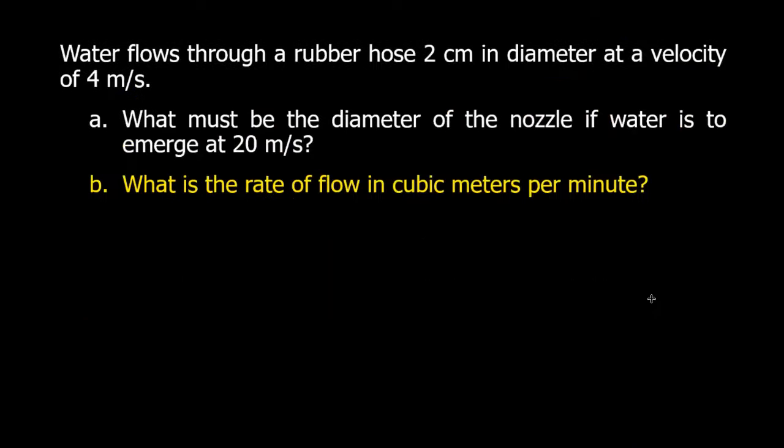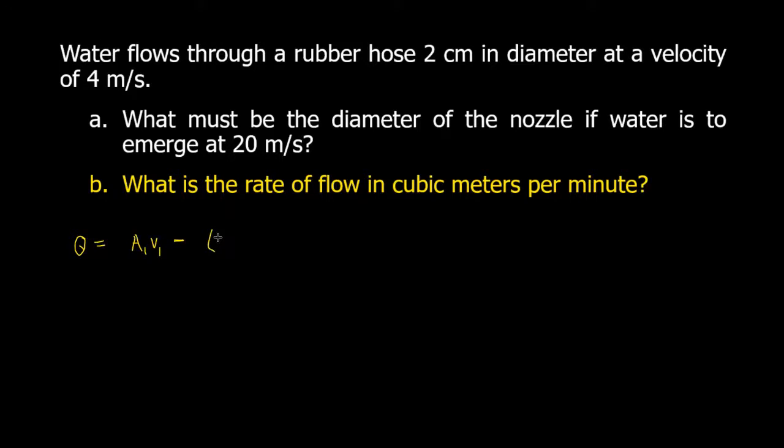For letter B naman, what is the rate flow in cubic meters per minute? So recall, fluid flow, volumetric rate flow is equal to A sub 1 V sub 1. That's equal to, ano yung A natin?